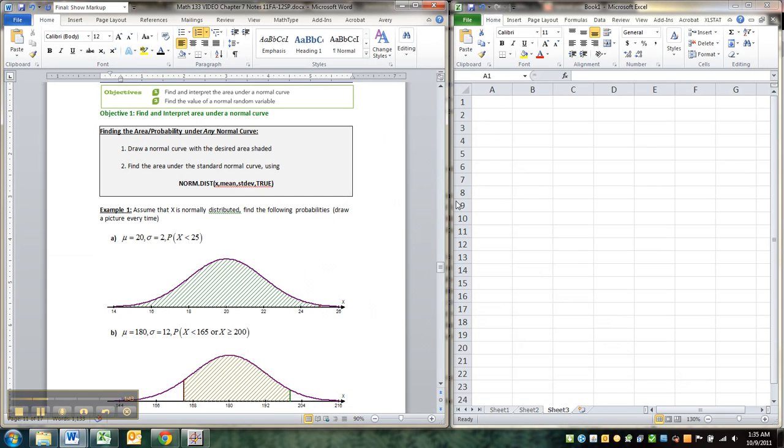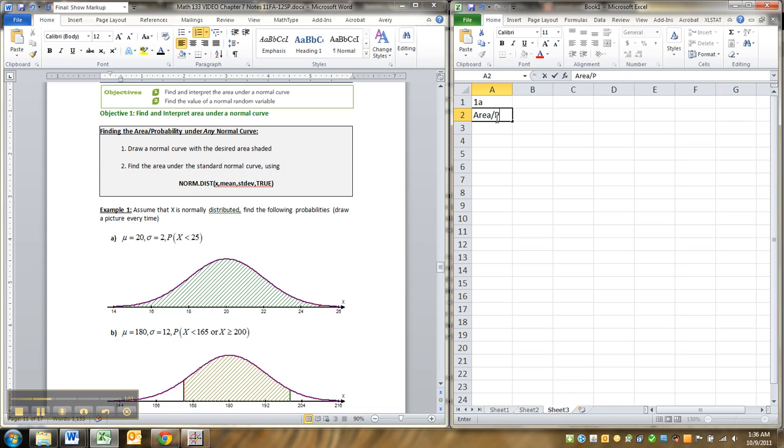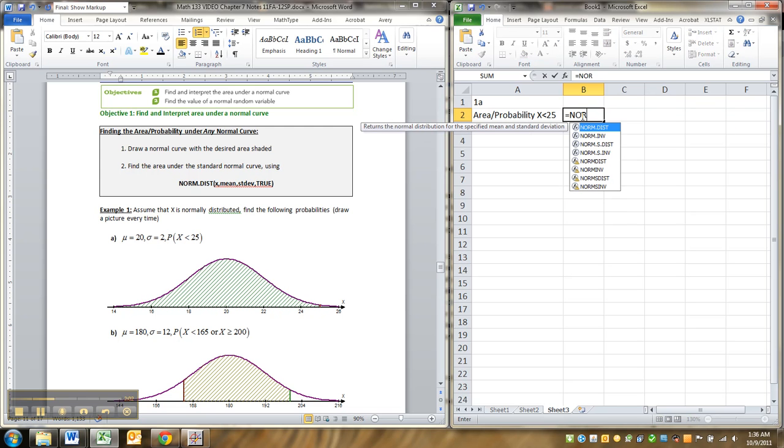Well, the way to do that is, here, let me write this down. 1a. Okay, I want the area, probability of x less than 25. Okay, so I'm going to find norm.